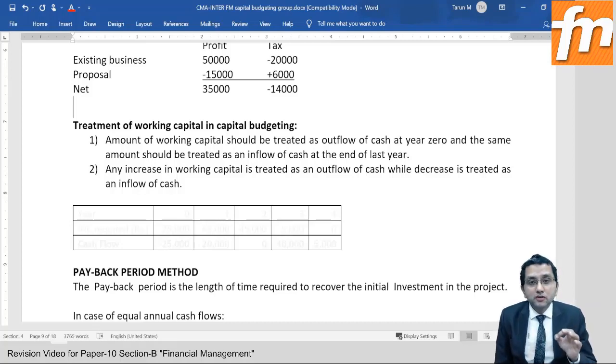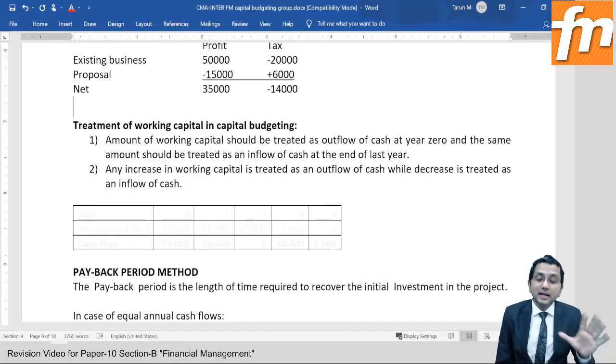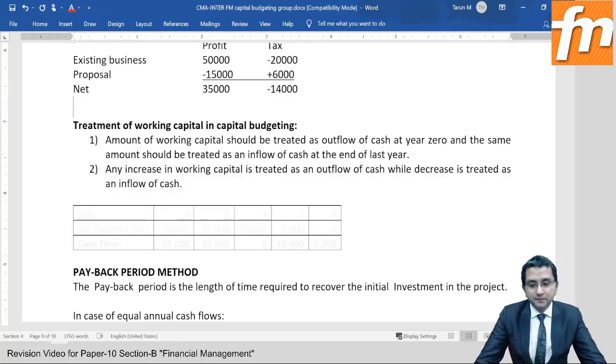But try to recall, you never charge depreciation on working capital, isn't it? So if you invest 5 lakh rupees at 0 year, you will receive the same 5 lakh rupees back at the end of 10th year. So initially outflow, same amount inflow at the end of life of the project.